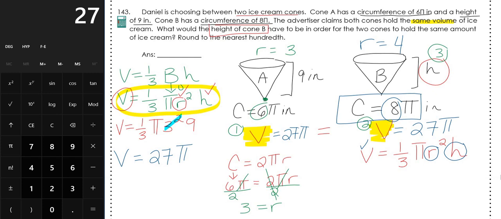So great, let's plug that in. Now that we have r, we can plug everything in and solve for h. So volume is 27 pi, same as we got for cone A, which equals 1/3 pi. Our radius is 4 squared h. So let's focus in on this algebra now.